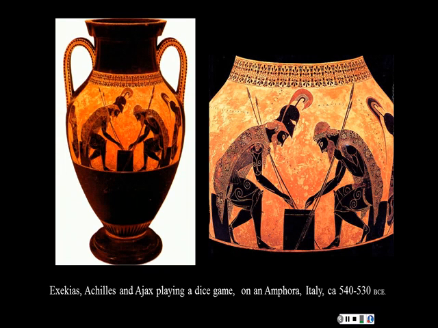If you'll remember the Dipylon krater, right, and the geometric patterning, the all-over nature of it. In Exekias's work of Achilles and Ajax, he basically presents only one singular scene, and reduces the action of the story of the Iliad into this extraordinary board game between Achilles and Ajax.